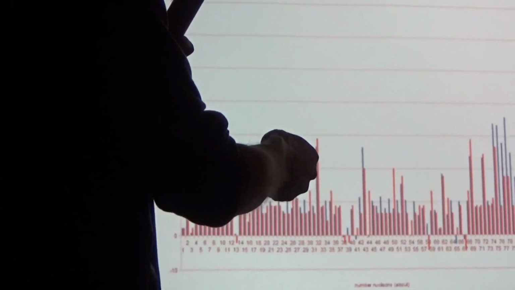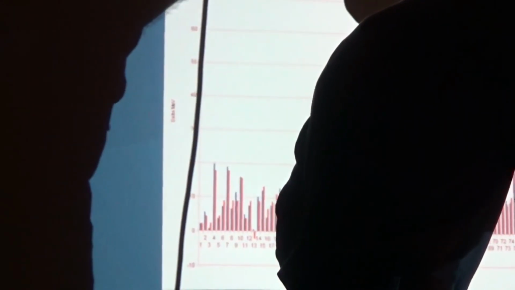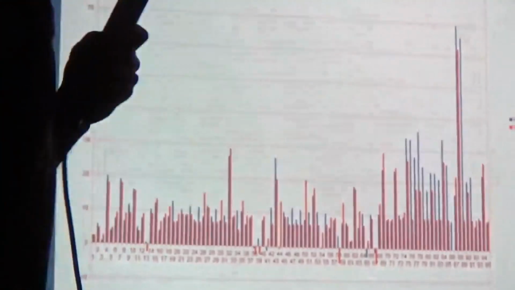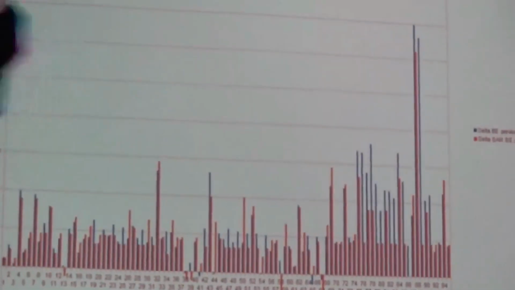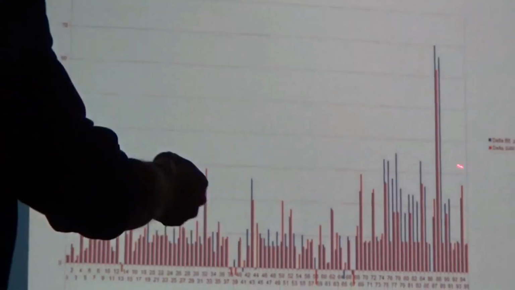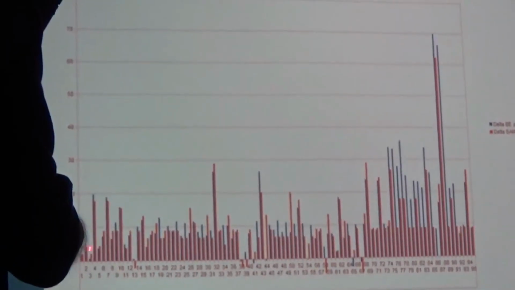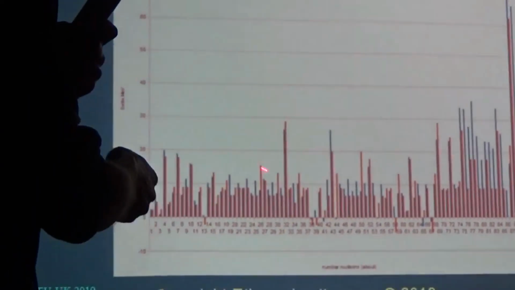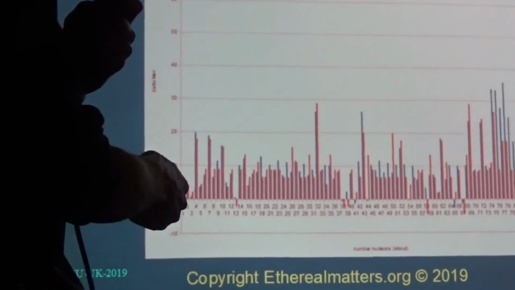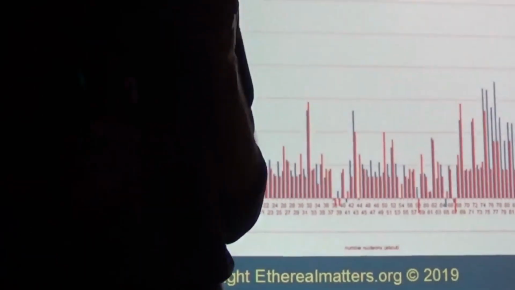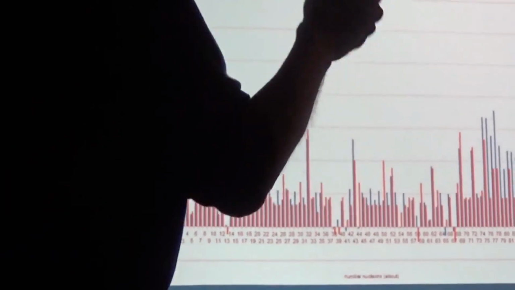The red is the structure binding energy, and the blue is the literature binding energy. And we can see again that later on they start to deviate more. But in the beginning, when one goes up, the other one goes up just about as much. When it goes down, the other one goes down. So we believe that this is again a very good correlation. Okay, next slide.